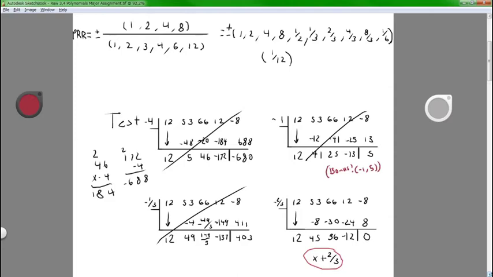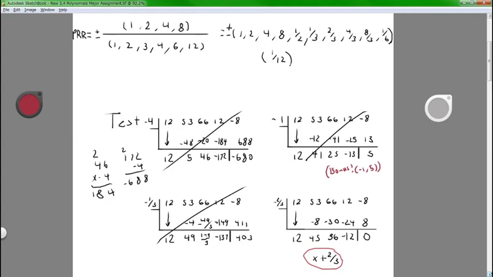Multiply that by -1/3, and you get -149. Add 12 to that, you get -137, and then multiply -1/3 times -137, you get positive 411. Subtract 8 from that, you get 403.